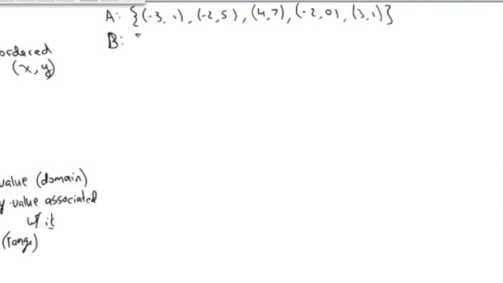All right, let's let set B be (-3, 0), (-2, 5), (4, 1), (2, 5), and (3, -1). That is also a relation. So both of these sets are relations, but only one of them is a function.